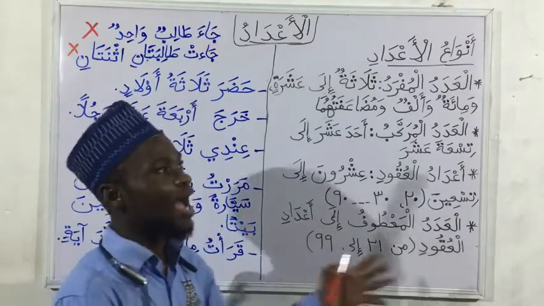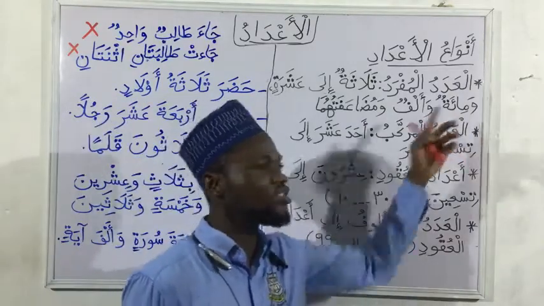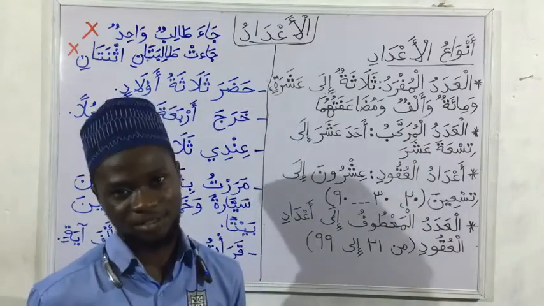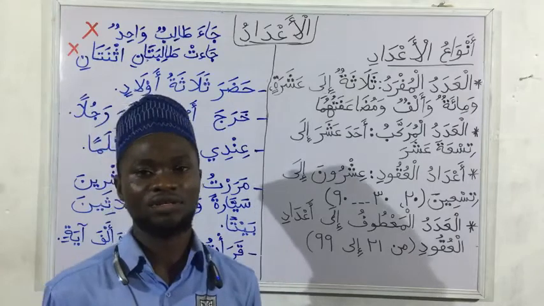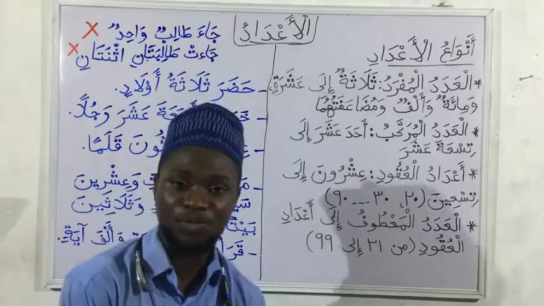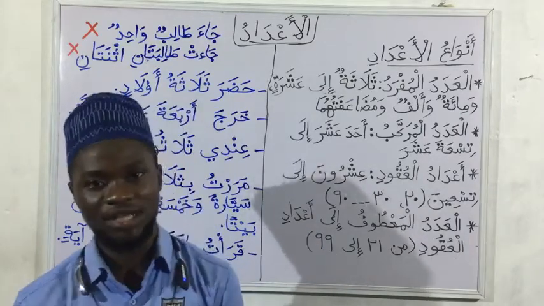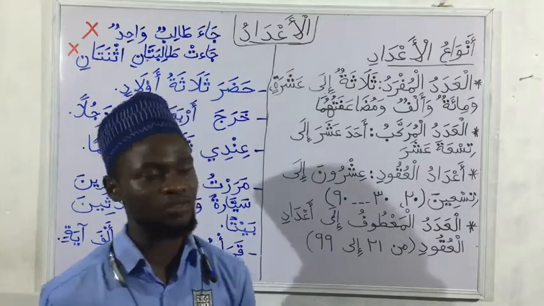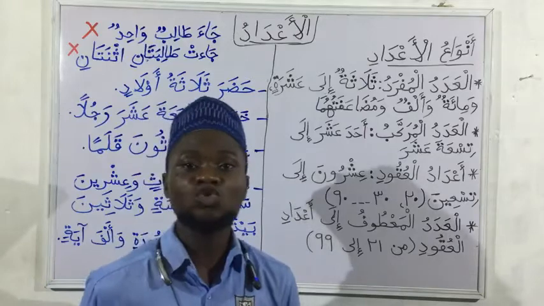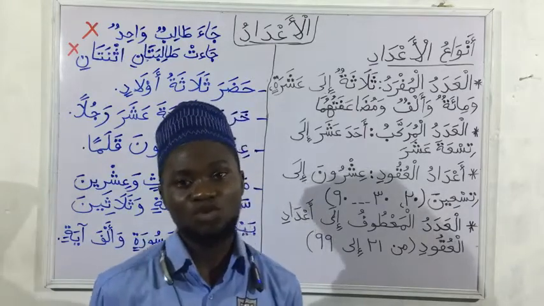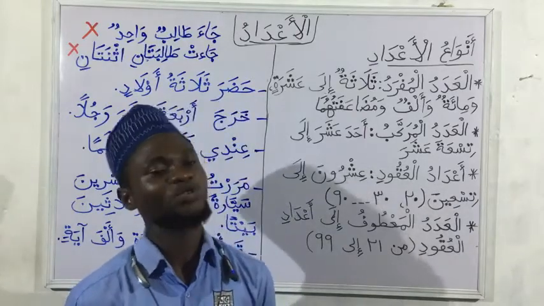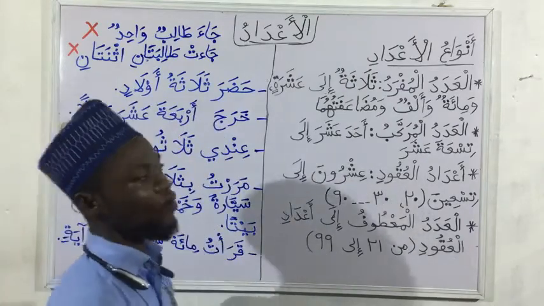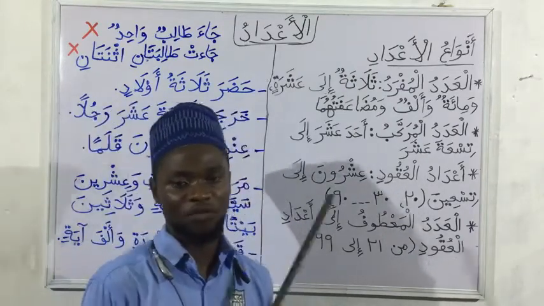But if we move higher, let's say 100, we cannot say mi'atu awladin. That is wrong in Arabic. We know awladin is boys, mi'atu is 100, so why can't we? No, it is wrong in Arabic. We do not use it that way. So we say mi'atu waladin. You can see we use the singular form of the noun for 100, for mi'atun.